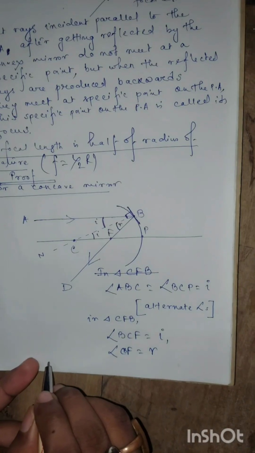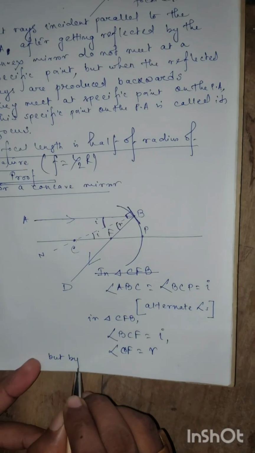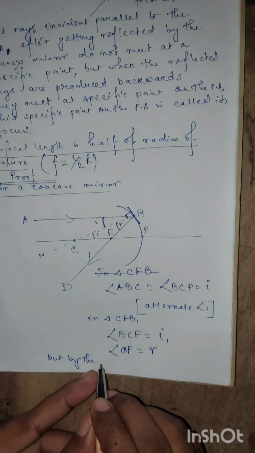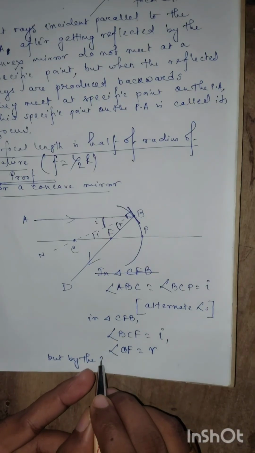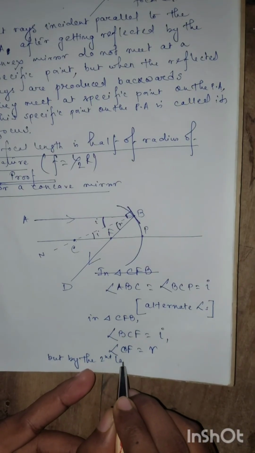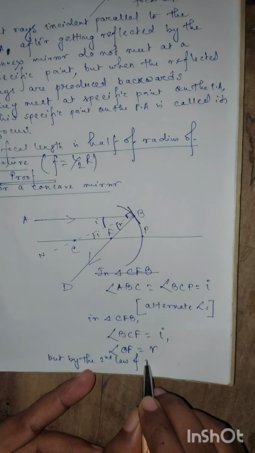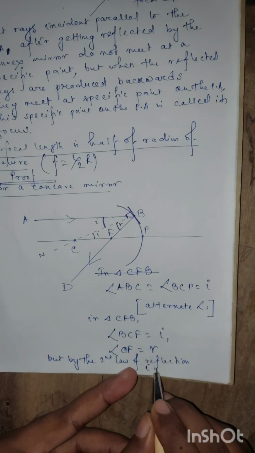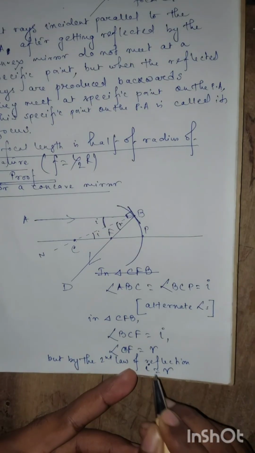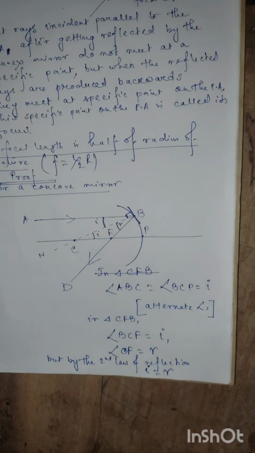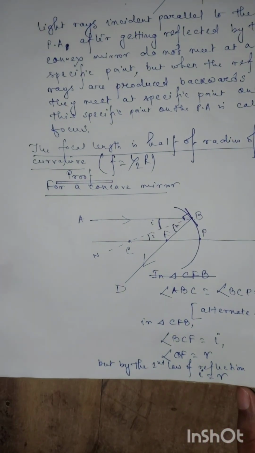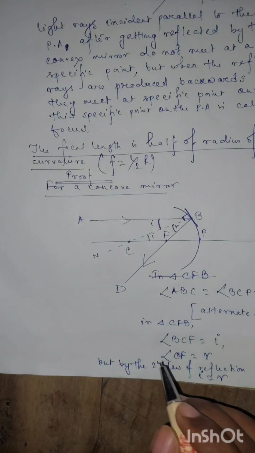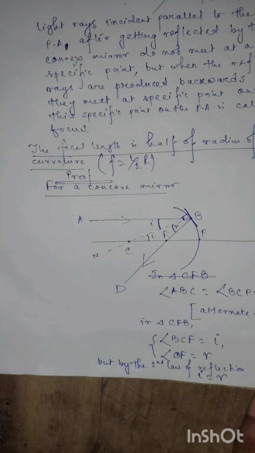But by the second law of reflection, angle I is always equal to angle R. Angle of incidence equals angle of reflection. That is why we can say these two angles are equal.